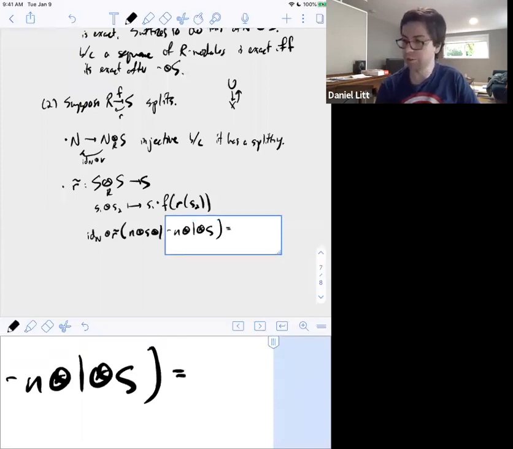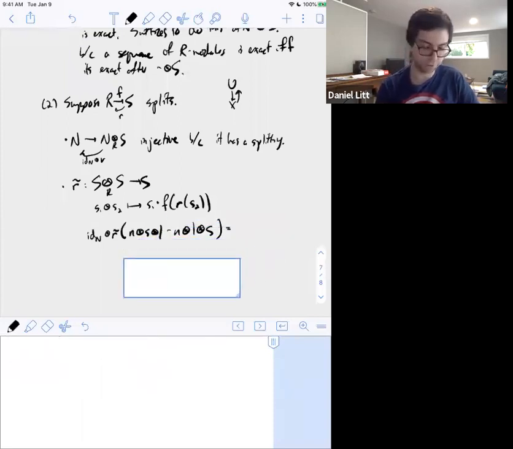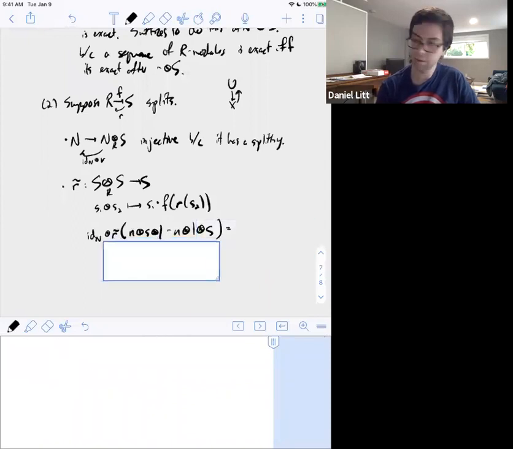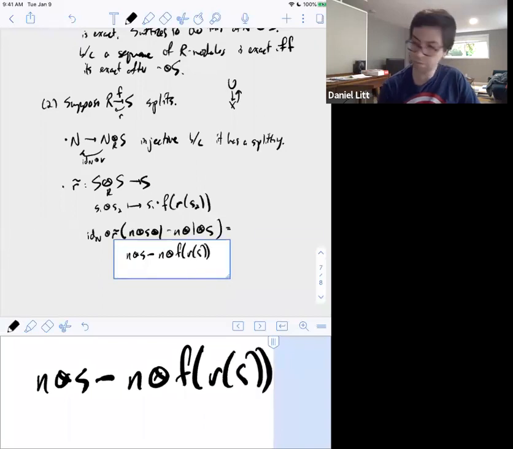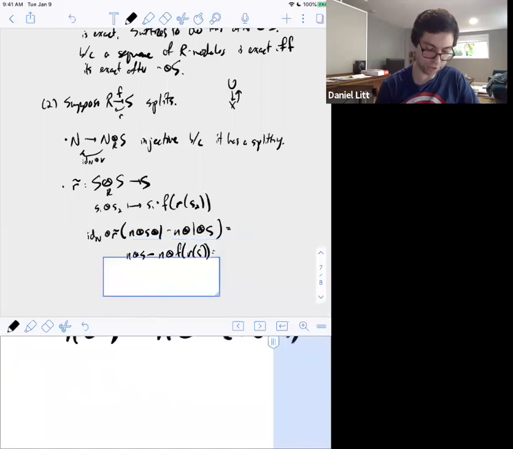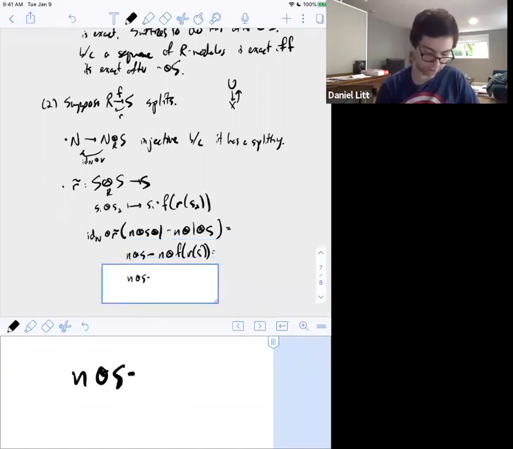Just by definition of this map R tilde, this is equal to N tensor S minus N tensor F of R of S. And then if you just use the definition of the tensor product, this is the same as N tensor S minus N times R of S tensor 1.